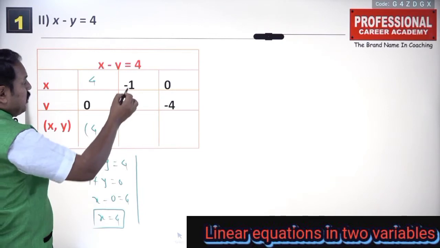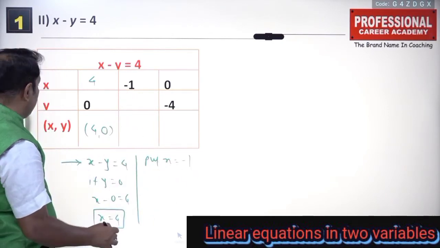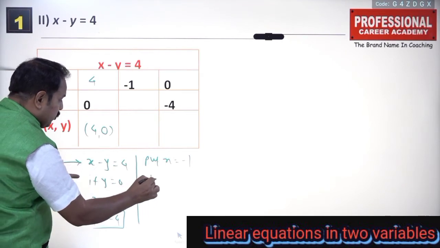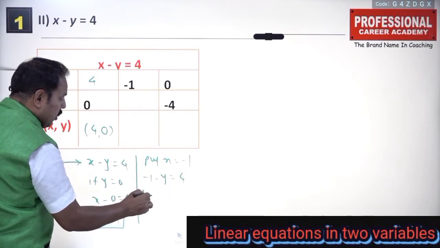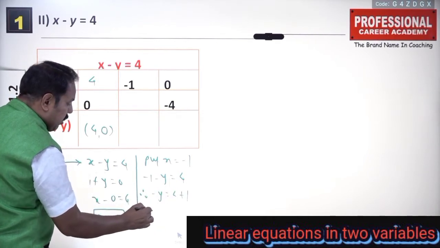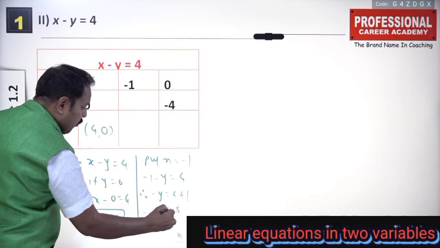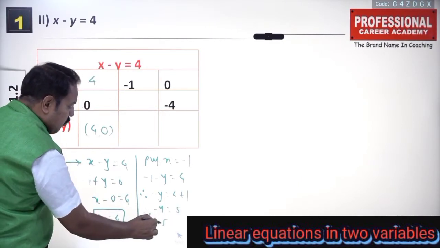Another one, put x equal to minus 1. So that here minus 1 minus y is equal to 4. So therefore minus y is equal to 4 plus 1. Means here minus y is equal to 5, or y is equal to minus 5.